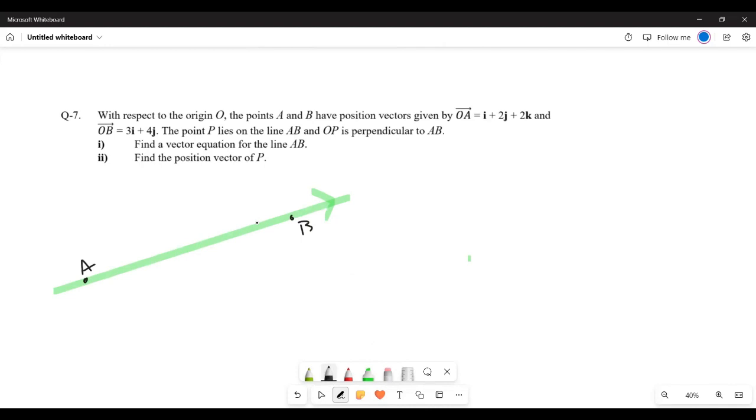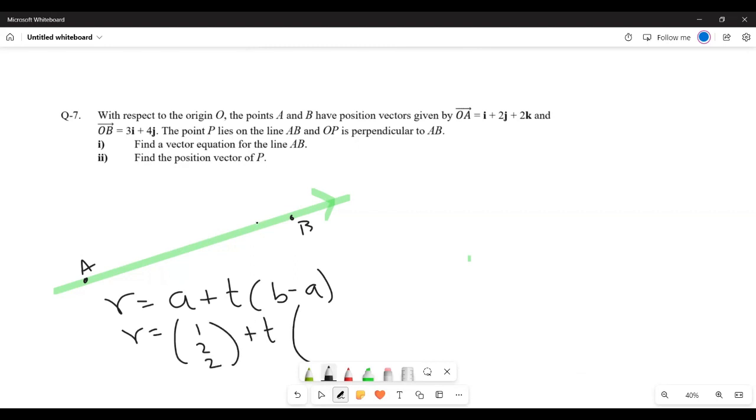Let's find the line AB first. So the line AB would be r equals a plus t, b minus a, since we have 2 coordinates on this line. So r will be 1, 2, 2 plus t, b minus a, which is 3, 4, 0 minus a, which is 1, 2, 2.